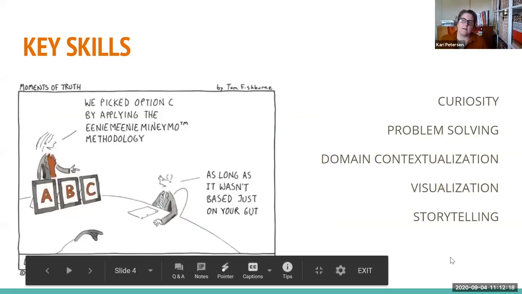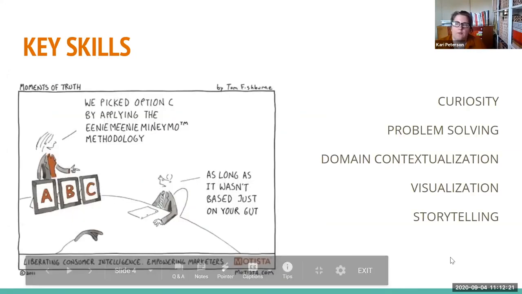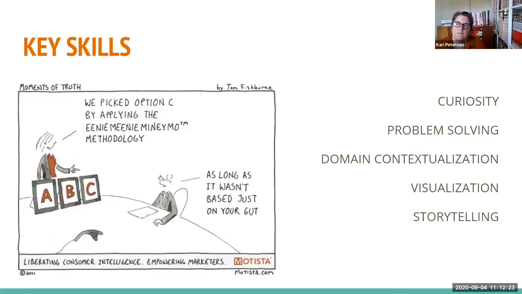As the panelists discussed in detail, the key skills that you need to be literate with data involve things that are not technical or math related at all. They're curiosity, problem solving, domain contextualization, which is knowing enough about the content of what you're looking at to know that you're creating meaning with the analysis, visualization, and finally storytelling.